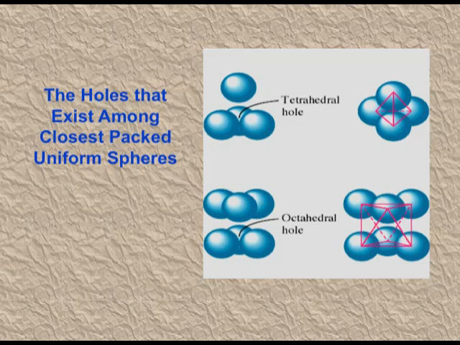Dear children, in spite of the closest packing, the whole space available is not utilized. Some place is not utilized by the atoms and the voids are left. Just have a look at the pictures of the octahedral void and tetrahedral void.